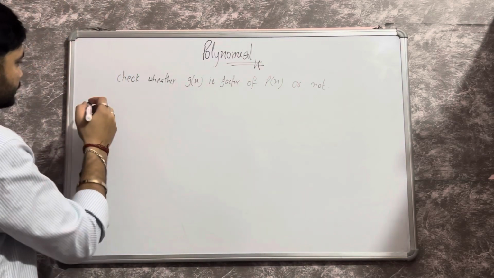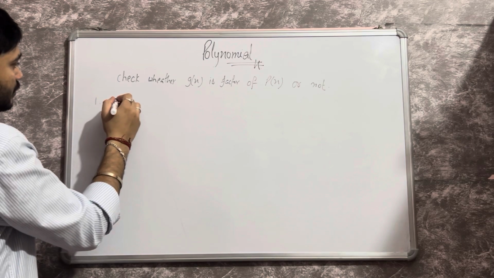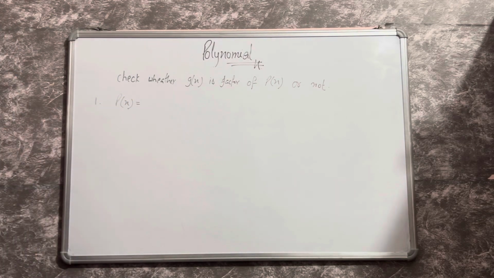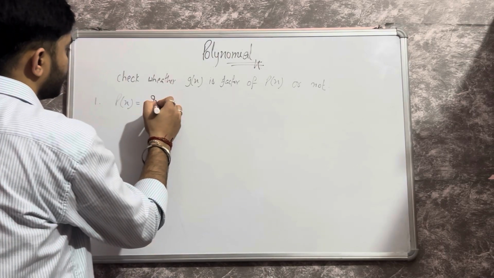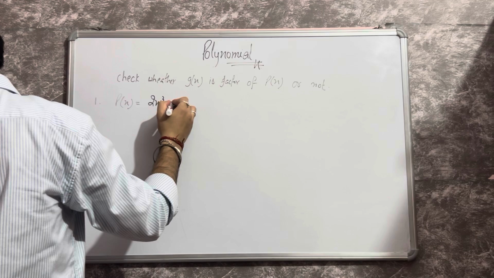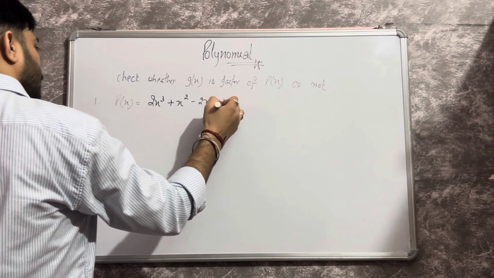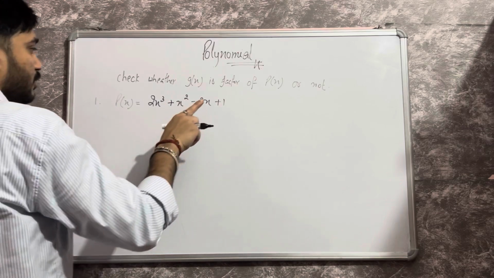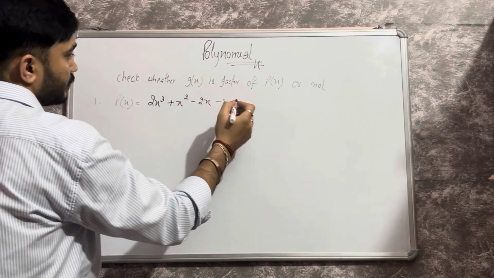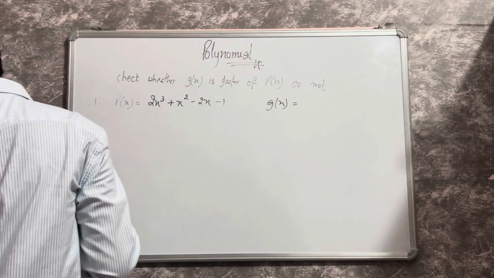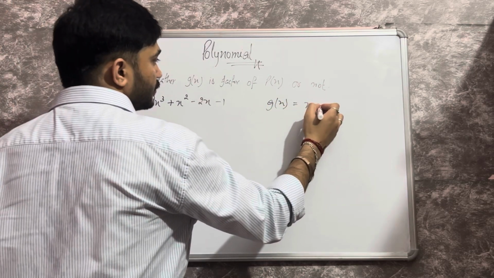So here our first example will be p of x equal to x cube plus x square minus 2x plus 1. Sorry, minus 1. And g of x is equal to x plus 1.